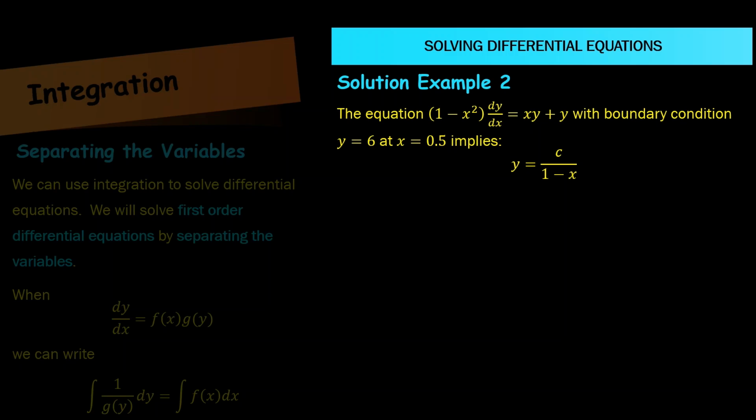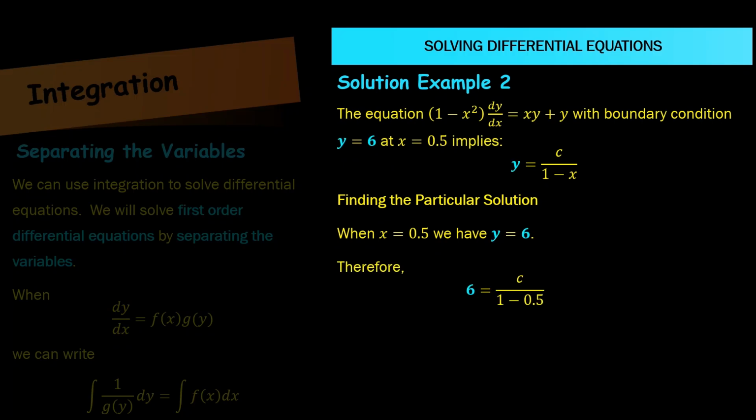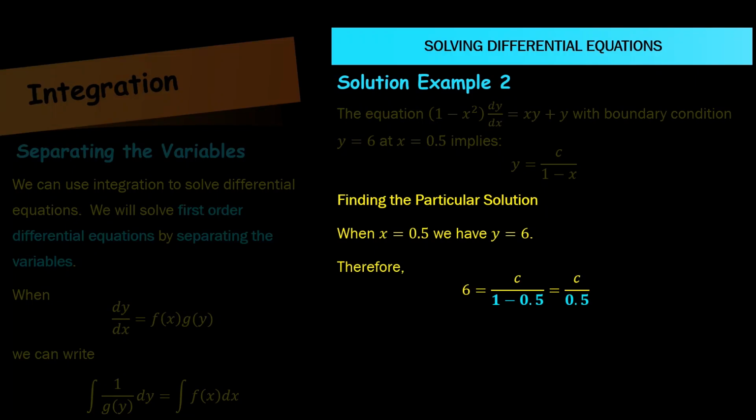We now proceed to find the value of c, because we have the boundary conditions. And in order to find this particular solution, we know that when x equals 0.5, we have y equals 6. So plugging in the value y equals 6 and the value x equals 0.5 gives us 6 equals 2c.